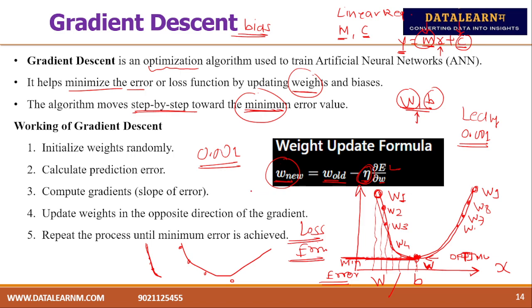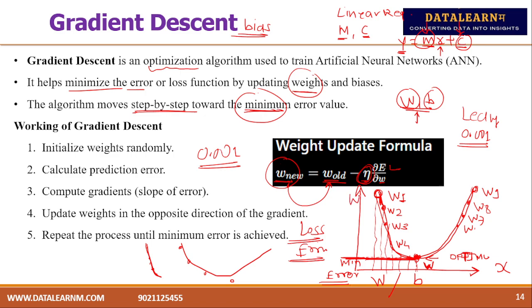Okay, so there should not be too much potential difference between the two values, W new and W old. Are you getting this? There should be less distance between W1 and W2. If W1 is there and W2 is there, it will be joined something like this.